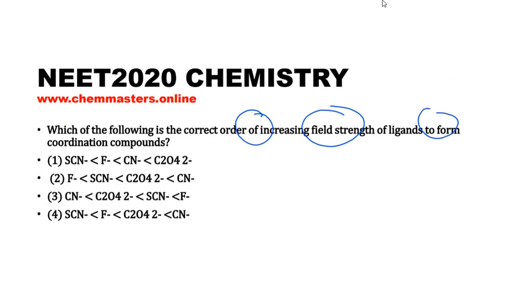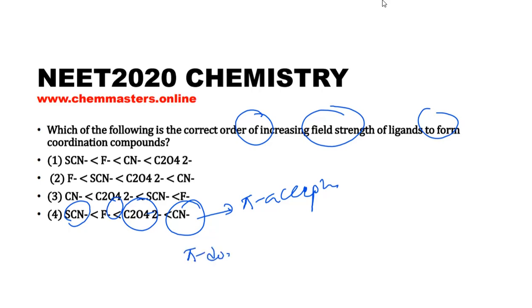So the correct order here is SCN minus, F minus, C2O4 2 minus, and CN minus. So CN minus has the highest ligand field strength, because CN is a pi accepting ligand. Just remember that pi donor ligands in the spectrochemical series are the weakest ligands, or they induce weak field strength.